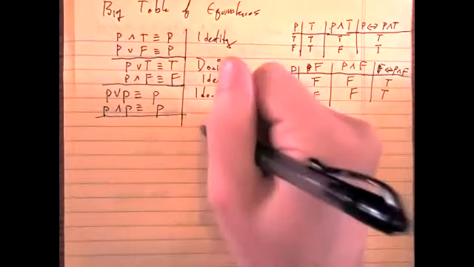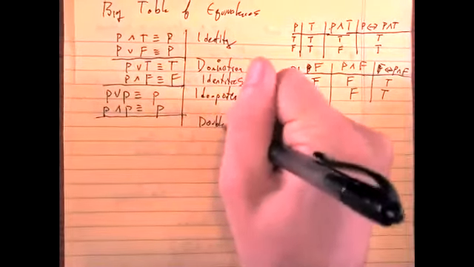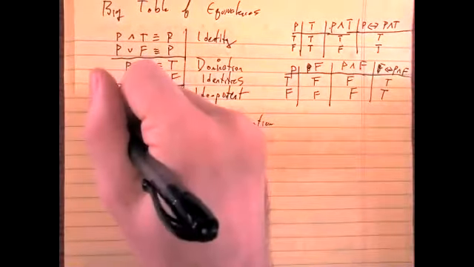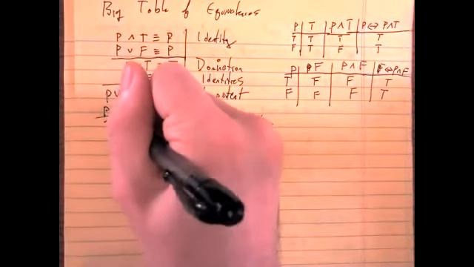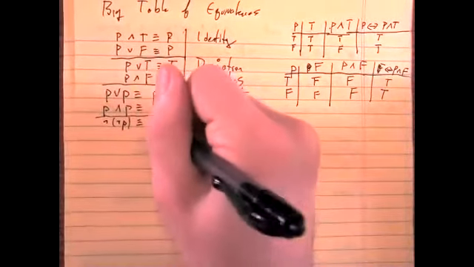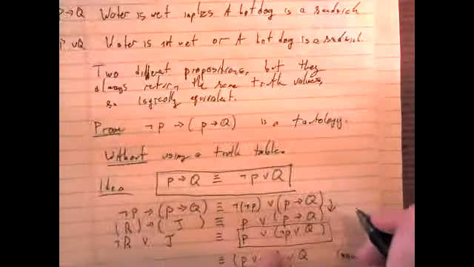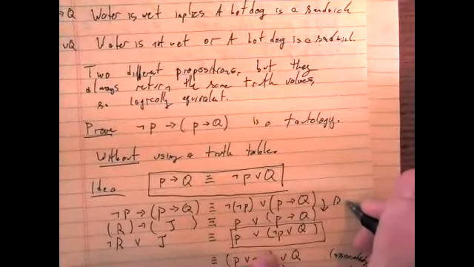Next, we have double negation, which is the proposition that not not P is logically equivalent to P. We use this technically over here. To go from here to here, we used double negation.